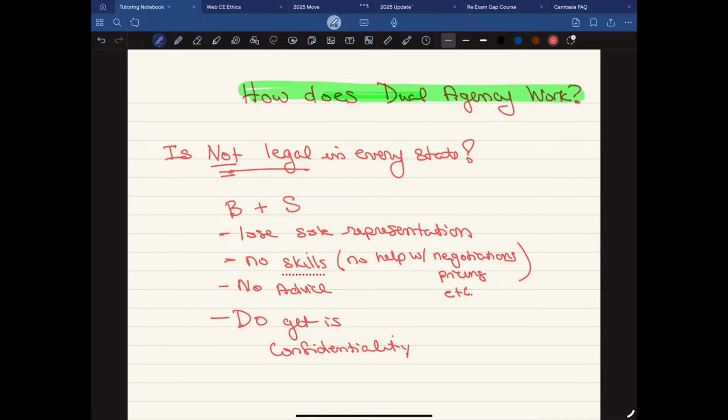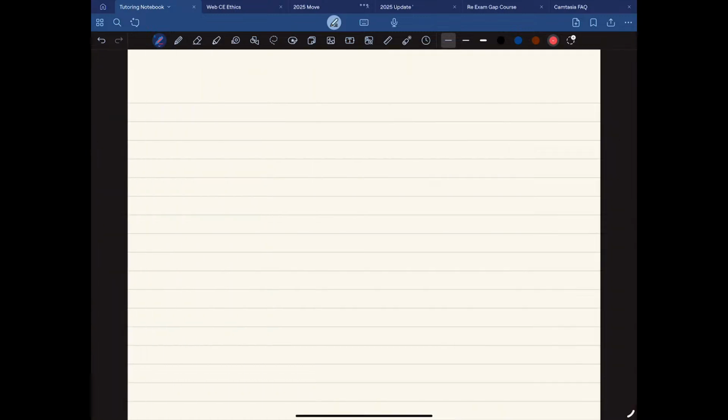And then you said, can I explain when a PB or BIC cannot be involved in dual or designated agency? So for people who may not know what that means, a PB stands for a provisional broker, which is basically the same as a salesperson.